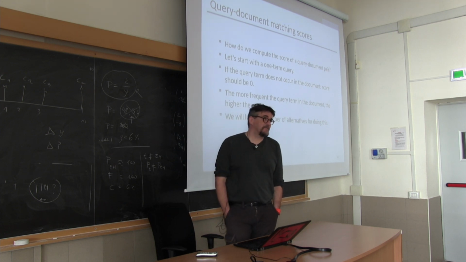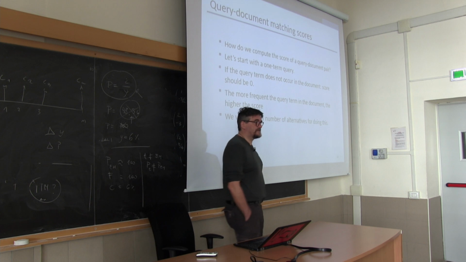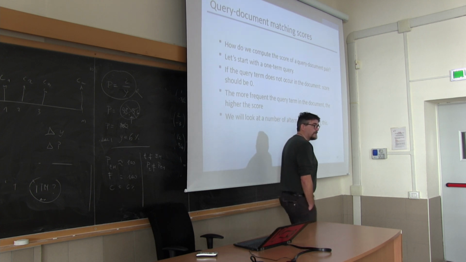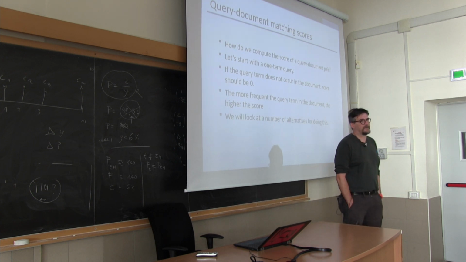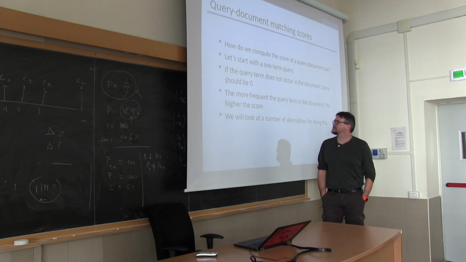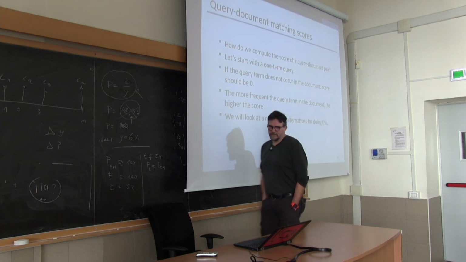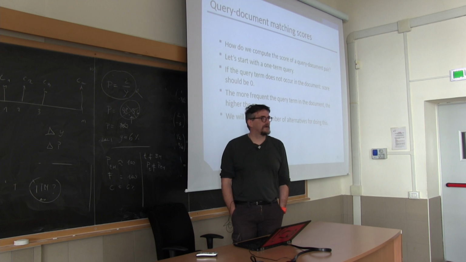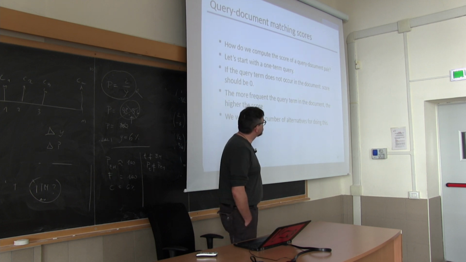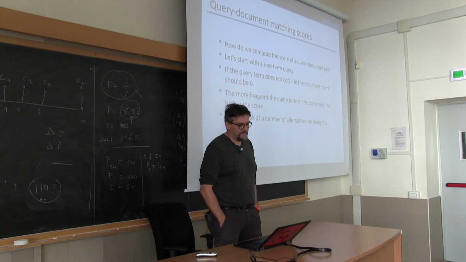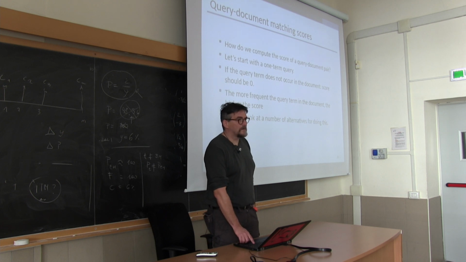Or even better, the more the term appears in the document, the higher is the score, up to 1. Okay, this is the simplest idea, and actually we will see how to implement this idea in a number of alternatives. Does it make sense to everybody? Okay, good.